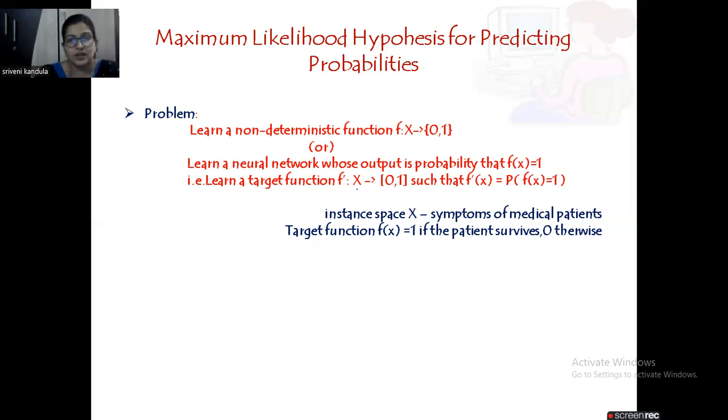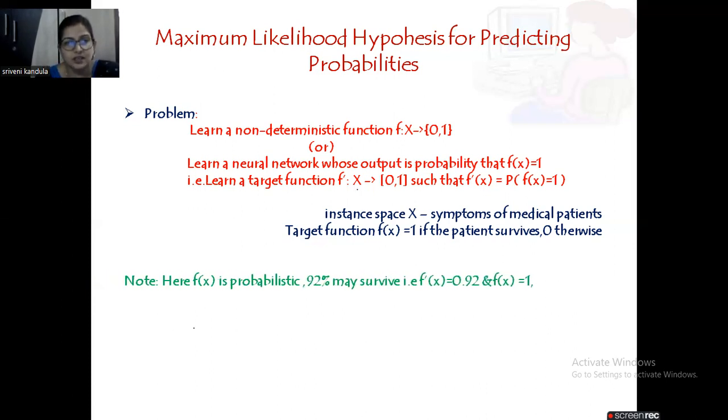So now, let us also imagine that f of x is a probabilistic function, and we are assuming that among the patients with similar symptoms, 92% might survive. Since they are surviving, our f of x value is equal to 1. How many are surviving? 92%. So f dash of x is 0.92.